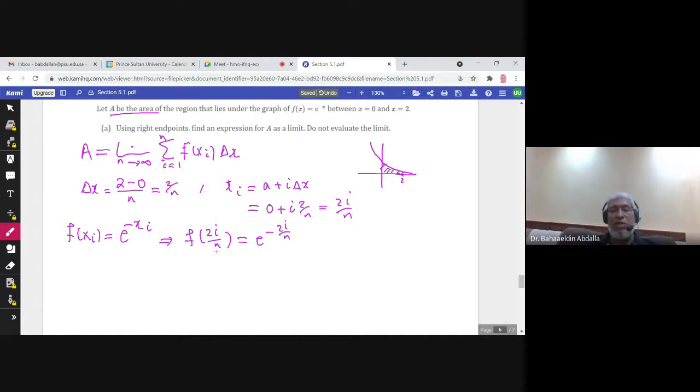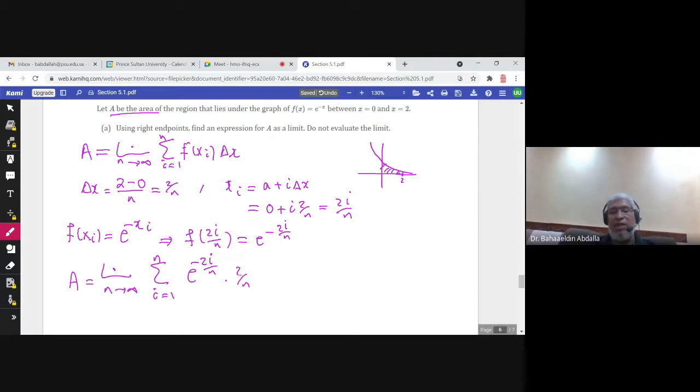So I can write A as the limit when n goes to infinity of the summation i equals 1 to n, f of xi, which is e to the power negative 2i over n, times delta x, which is 2 over n. That's the answer.